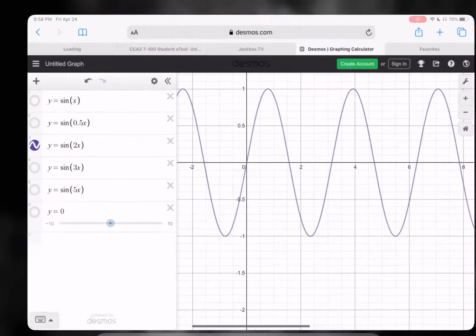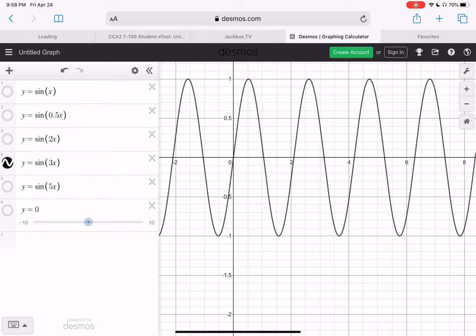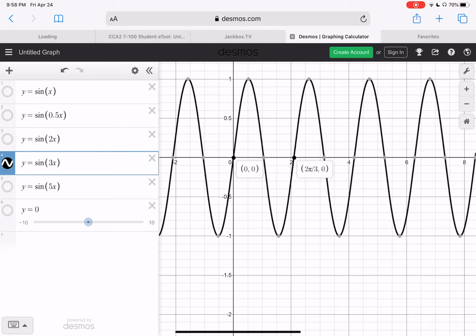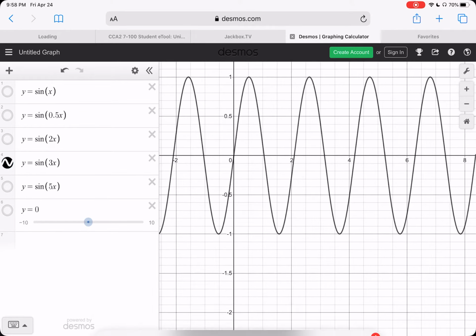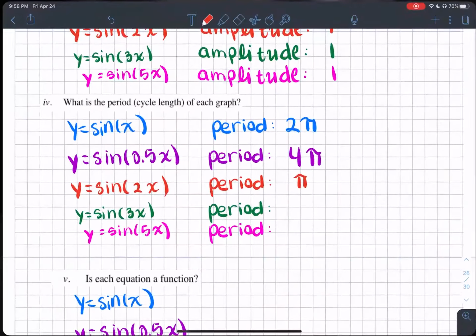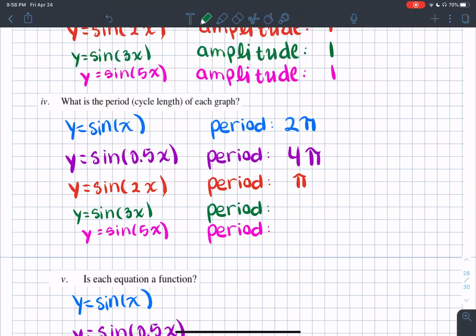Sine of 3x. You see it starts here at 0, 0. It goes up, down, and back up, and ends at 2 pi over 3, 0. So that period length is 2 pi over 3.